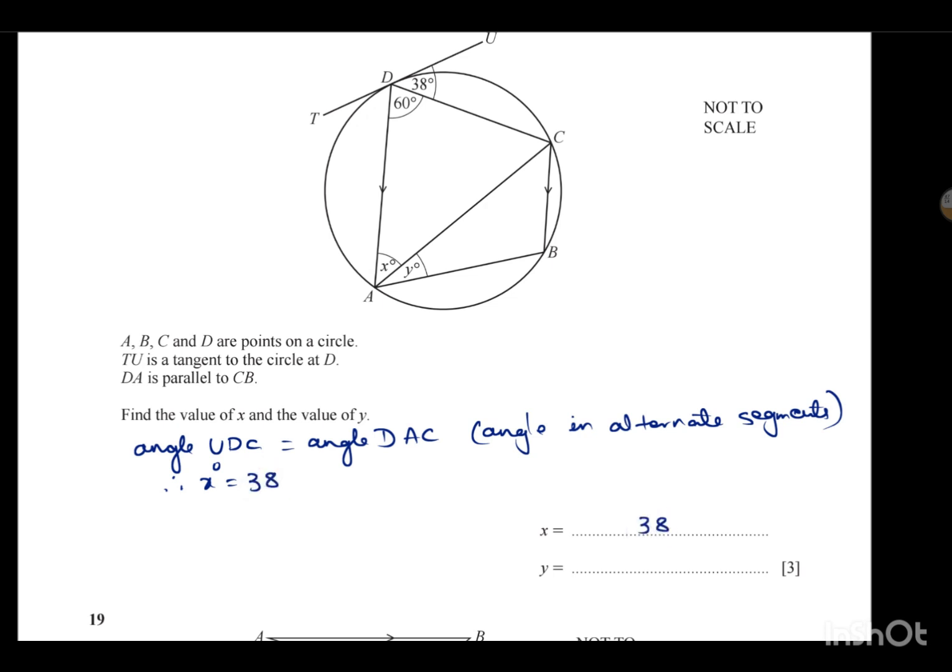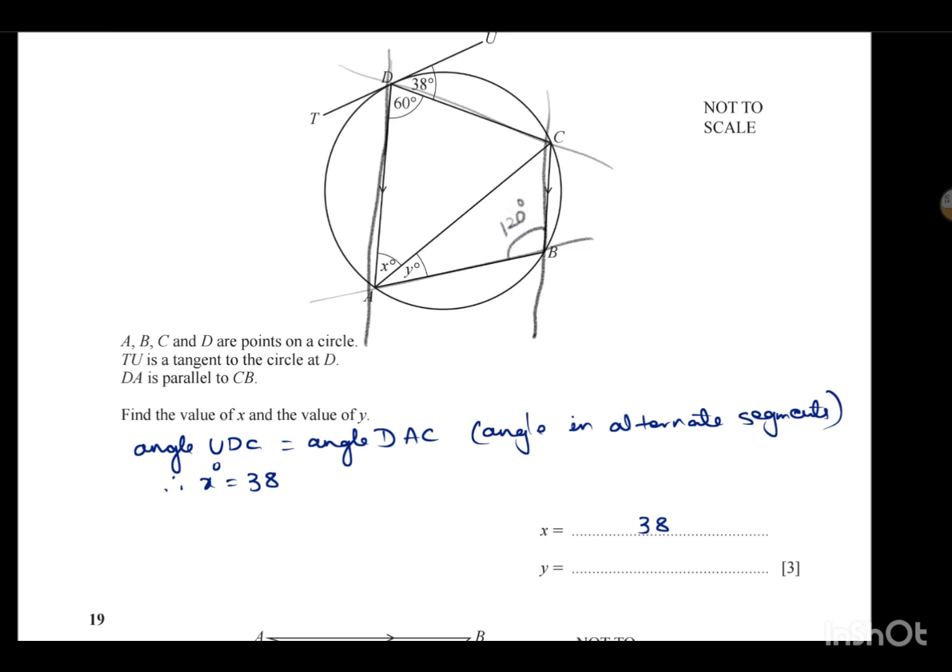Then next, Y. How to find out Y? When you see these two lines are parallel, these two will be transversals, right? Then using the opposite angles, you can find out this angle. This will be 60 plus 120, which is 180.